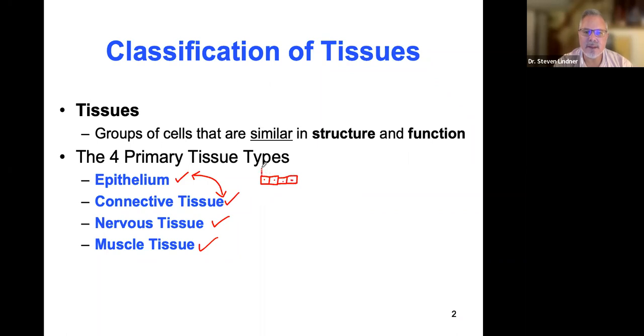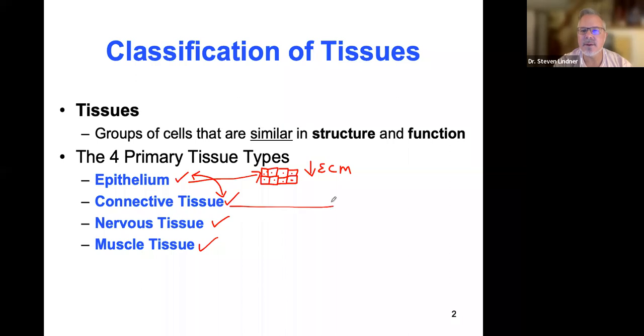And if I make it a few layers, again, these cells are very, very closely packed on top of one another and close together. There's very little extracellular matrix in epithelial tissue. Lots of cells closely packed together with very little extracellular matrix.